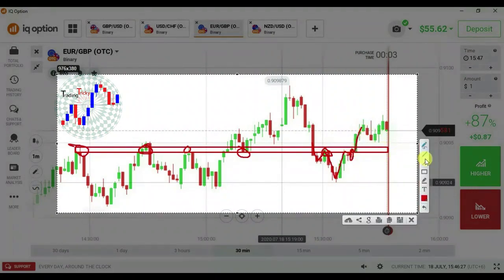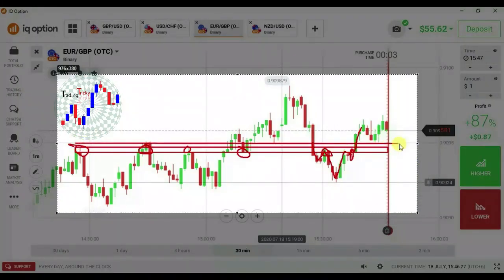Another thing is, this is a round number, so this whole area is an SNR level. And this breakout happened because of the round number only, I think. Yes, and now it got support and is trying to go up.